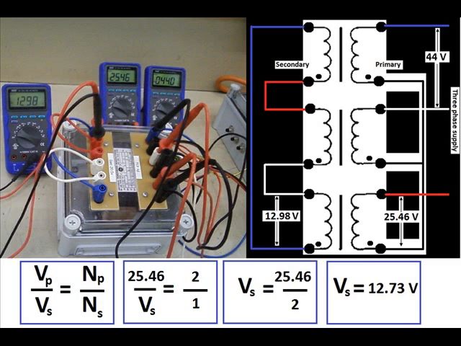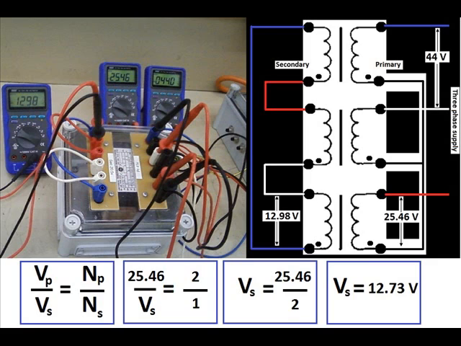Now we know the primary voltage. When we look at the formula we're using, it's all about the ratio of the voltage and the number of turns. But it's all about the phase values. So we don't use line values.